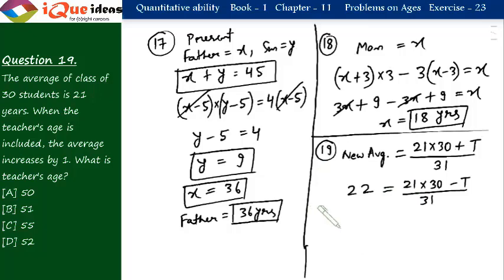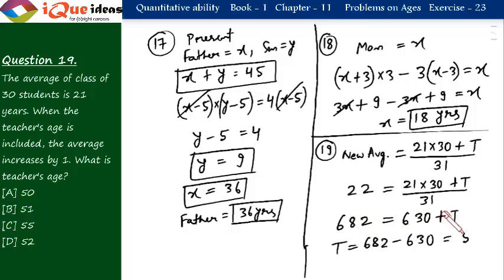You can multiply 31 into 2 is 62. 62 into 11 is 682. 21 into 30 is 630 plus t. I'm so sorry, it is plus t. So the value of t would be 682 minus 630, which is 52. So the age of the teacher is 52 years.